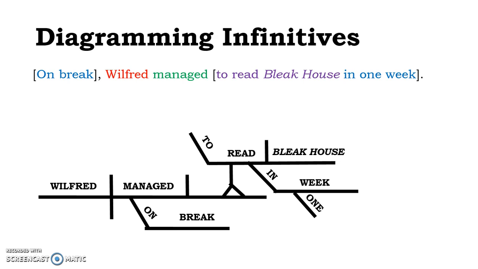Gerunds get the steppy pedestal, and infinitives get this slopey pedestal. But in every case, participial phrases, gerund phrases, infinitive phrases, you can have descending structures just like in a normal baseline. You want to make sure that you put adjectival things under the object of the infinitive, gerund, or participle, and that you put adverbial things beneath the verbal itself.